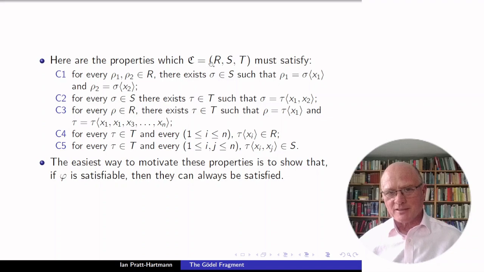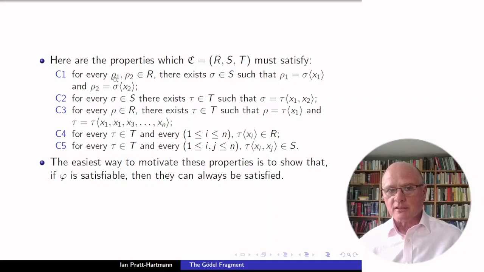Remember, as we're doing so, that C is a triple: a set of 1 types, so just a finite set of types. Types you can think of as just sets of literals, so a finite set of 1 types, a finite set of 2 types, and a finite set of n types. Each of the n types, by the way, entails psi. Of course, they're over the signature of phi, and they satisfy the following properties.